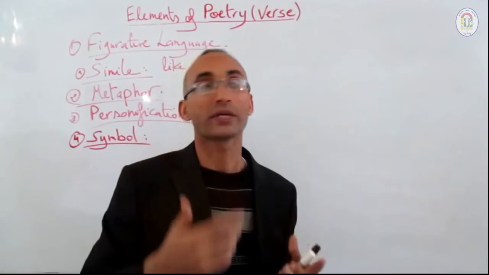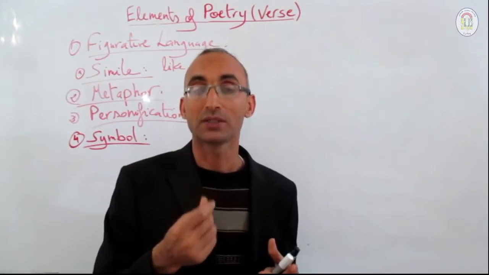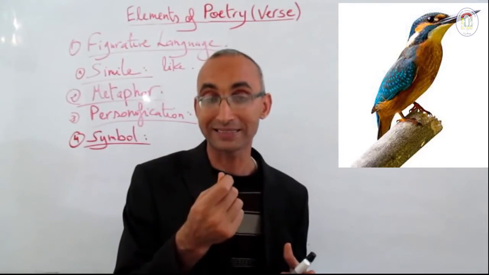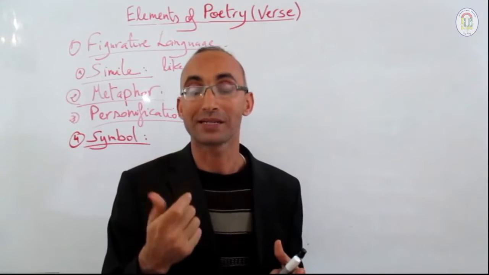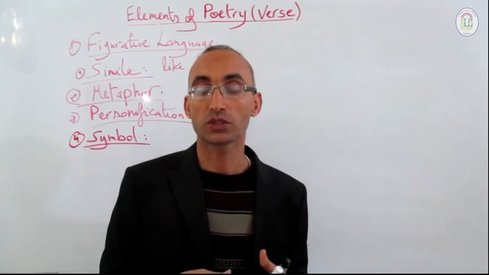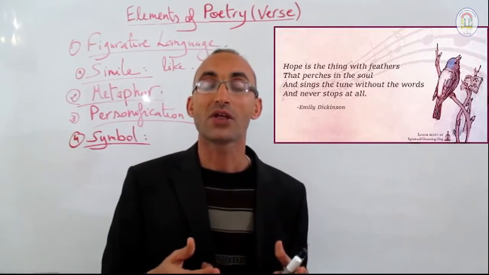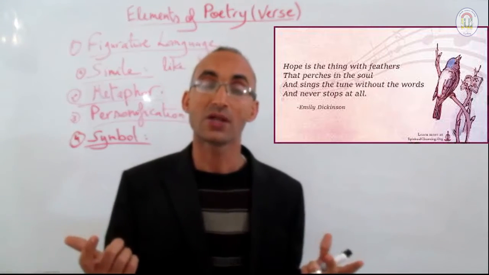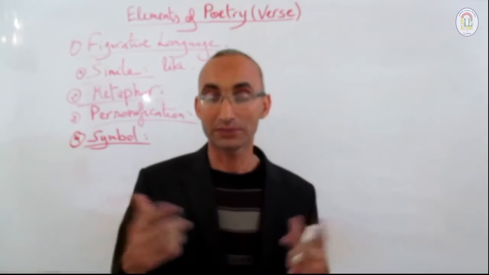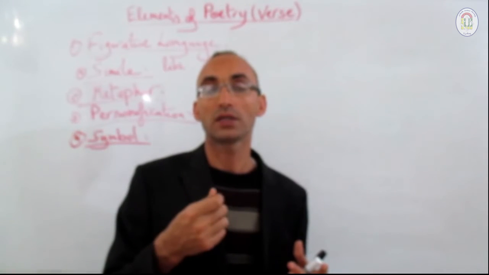For example, we have the example of Emily Dickinson's use of the bird as a symbol for hope, in her famous poem entitled "Hope is the thing with feathers." Here she used the bird as a symbol for hope.